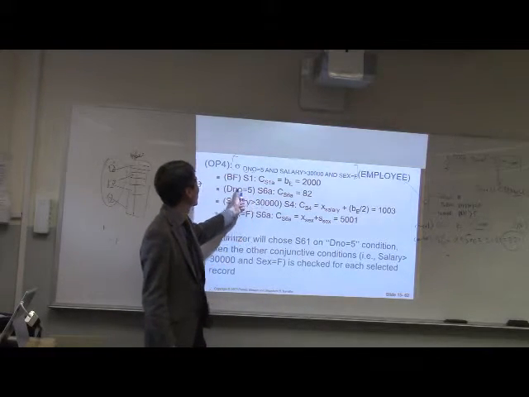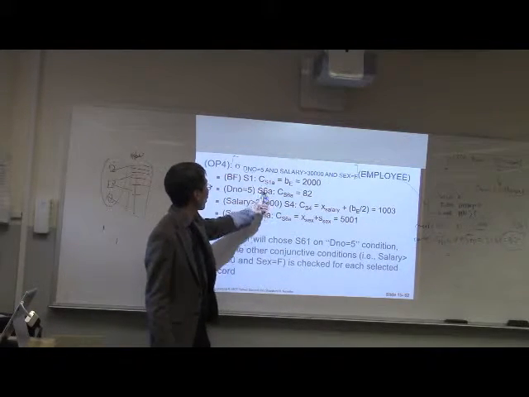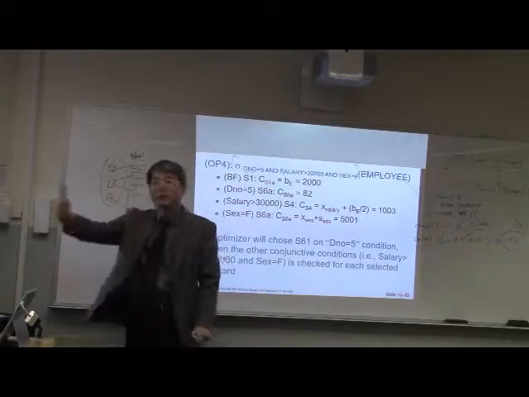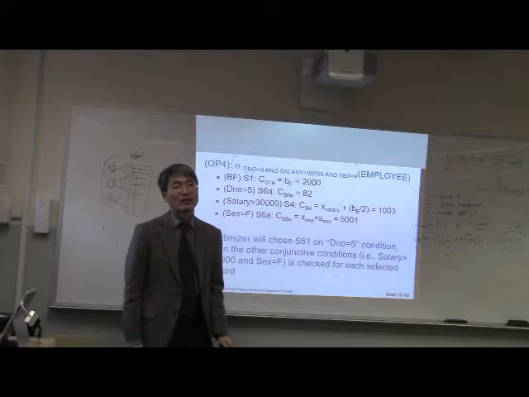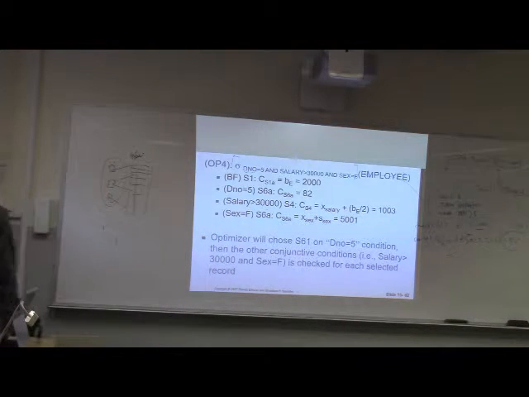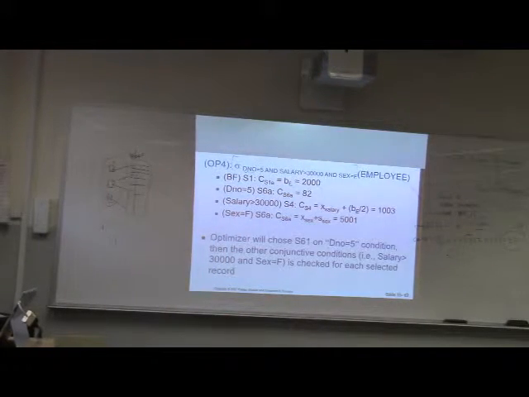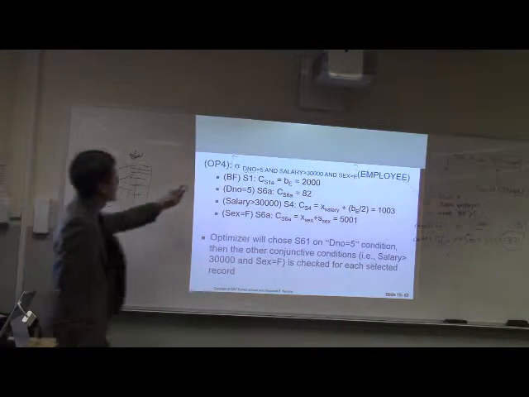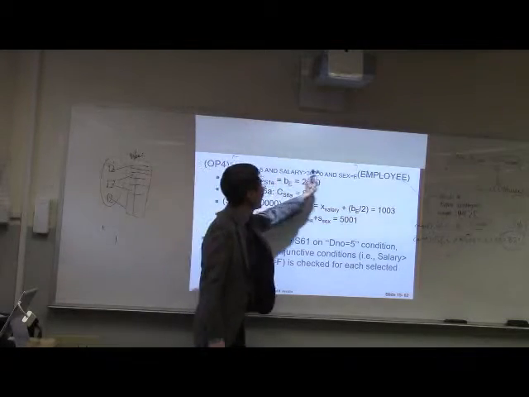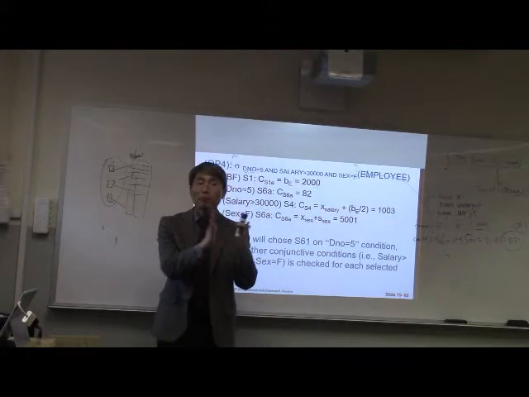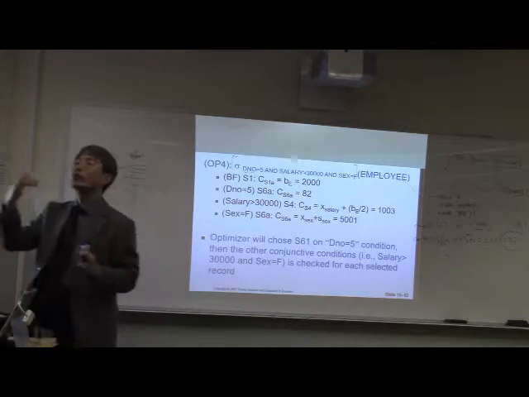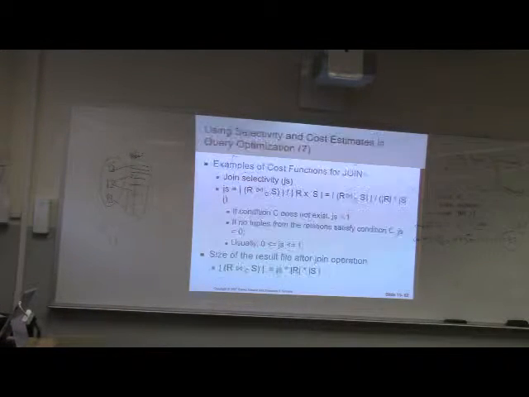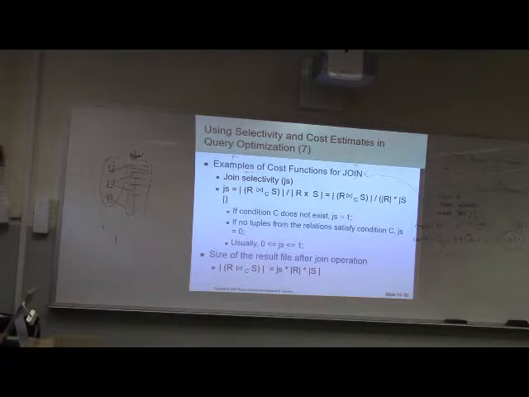So we will use the B+ tree secondary index for DNO in this case. However, I actually skipped the composite index part. If we have an index on DNO equal to 5, salary, and sex, then maybe, not always, it may be faster. Okay, we need to calculate the cost also.